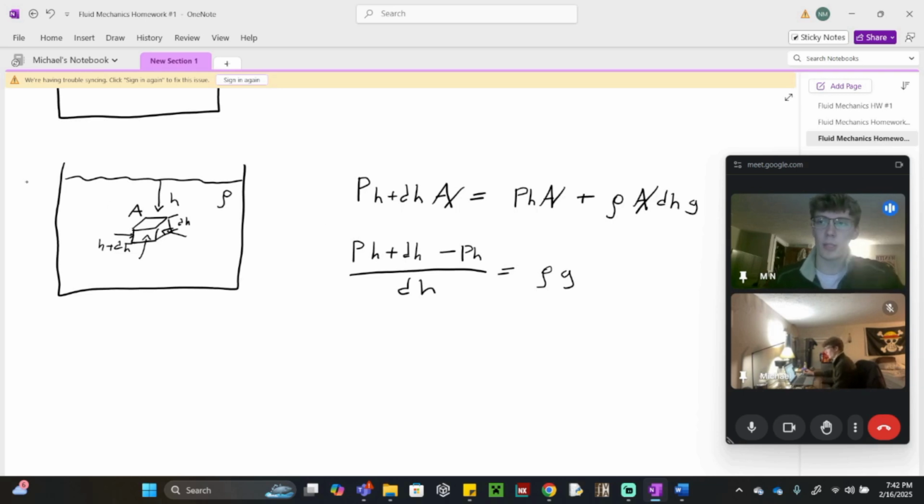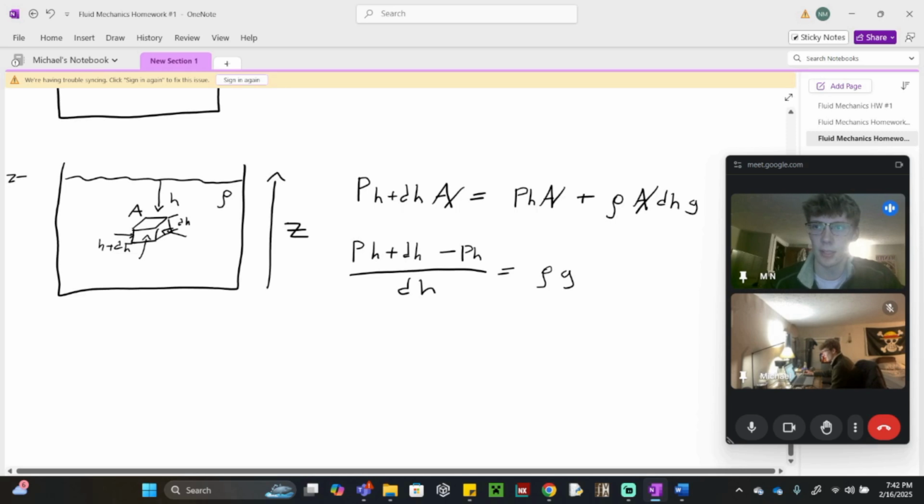Now, we're going to take a look at the up and down scale of our tank, and we're going to label that as Z. And we're going to take positive as upward. So the top of our fluid we're going to take as Z equals 0.